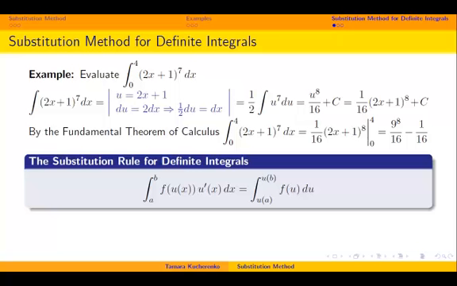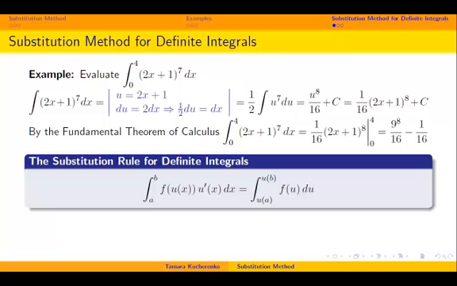This rule says that when using substitution in a definite integral, we must put everything in terms of the new variable u, including the limits of integration.